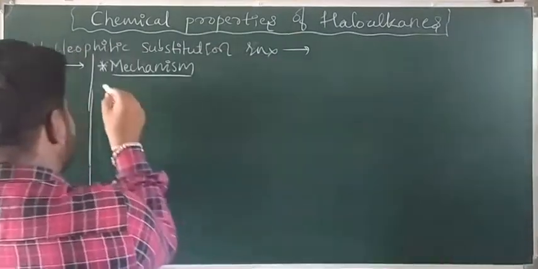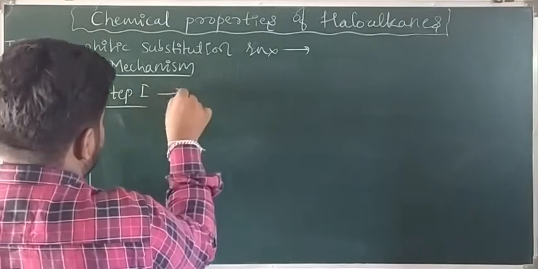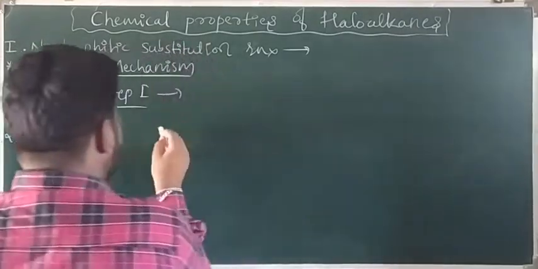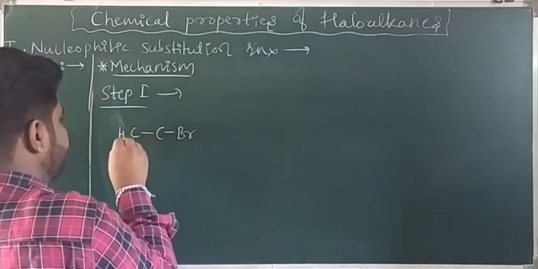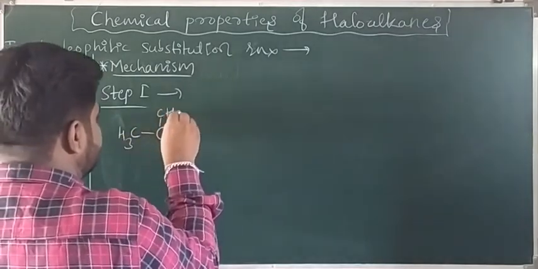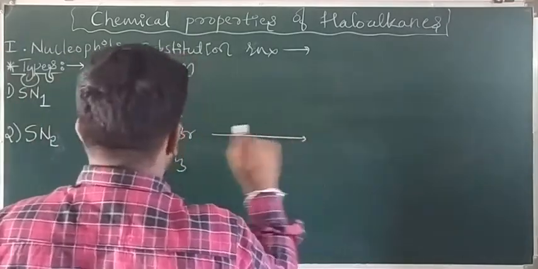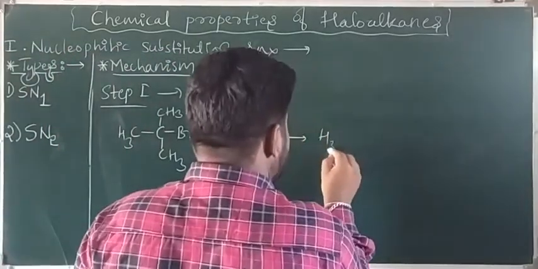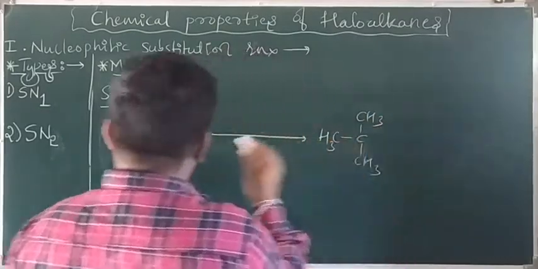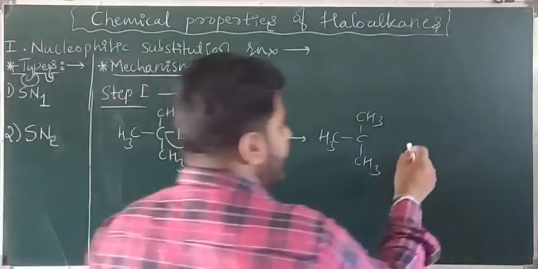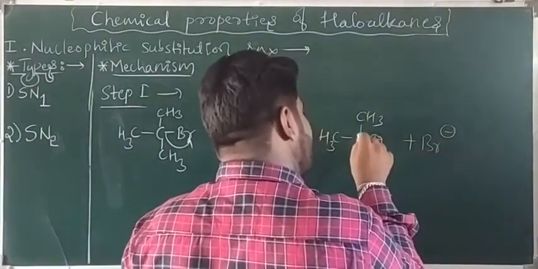First step, step 1: carefully see here, when we take this tert butyl bromide, the bromine is eliminated as Br minus and we get a positive charge on this carbon.